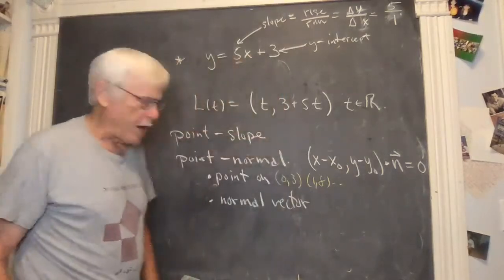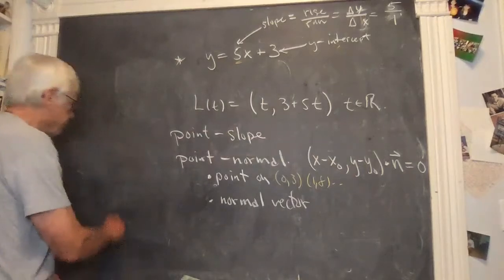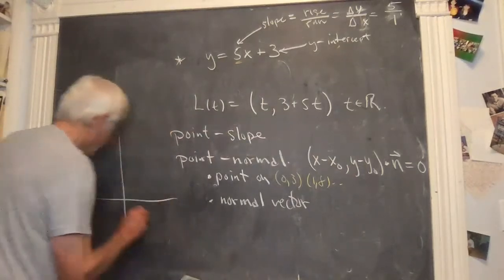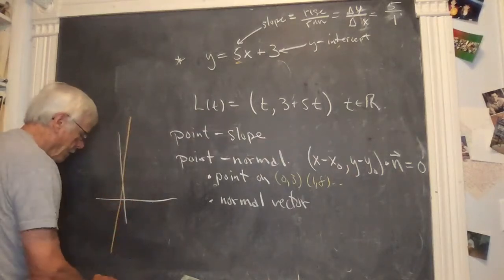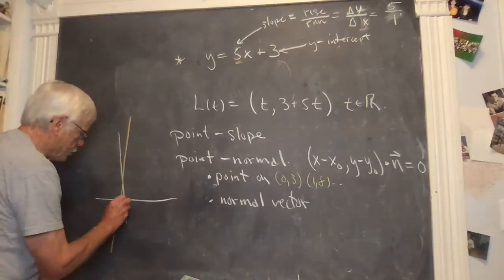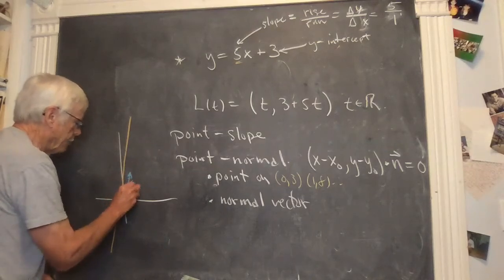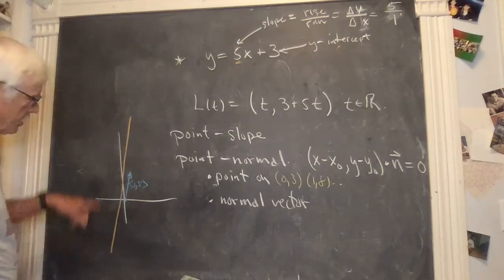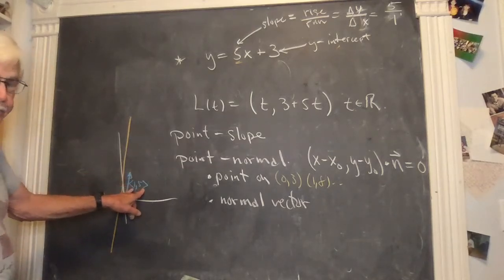I'm going to sketch the graph over here. I hope you can see it just one more time to show that. Here's our line. Here is the direction of the line, 1, 5, I believe, if we remember that. That's the direction of the line. So to be normal to the line, you need a vector that is perpendicular to this one.